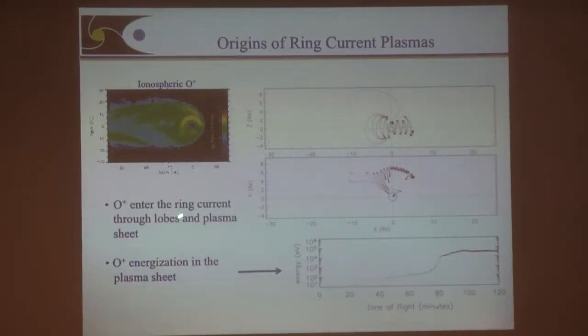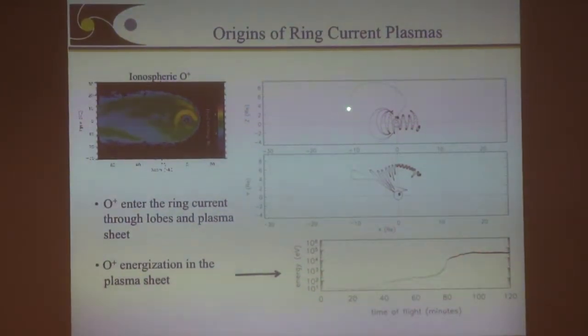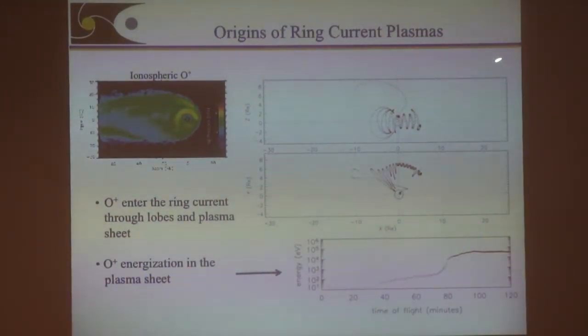This is the typical trajectory of the O plus released from the ionosphere, and the color of the trajectory is the energy. You can see when they travel from the ionosphere and land in the plasma sheet, they eventually get trapped in the inner magnetosphere, and at the same time they get energized.